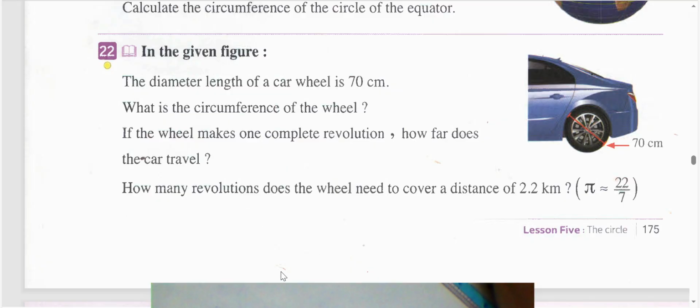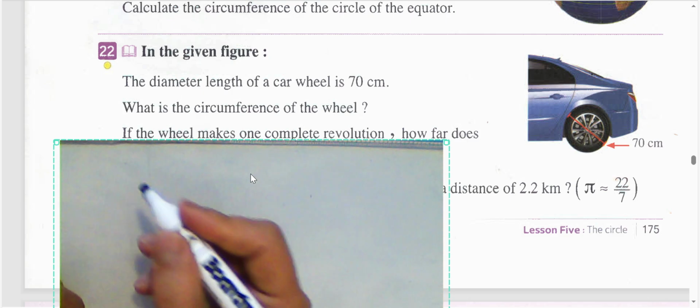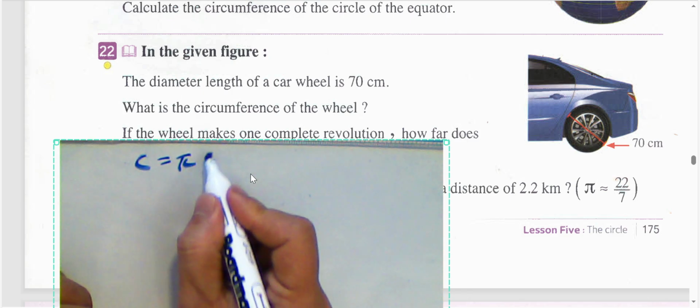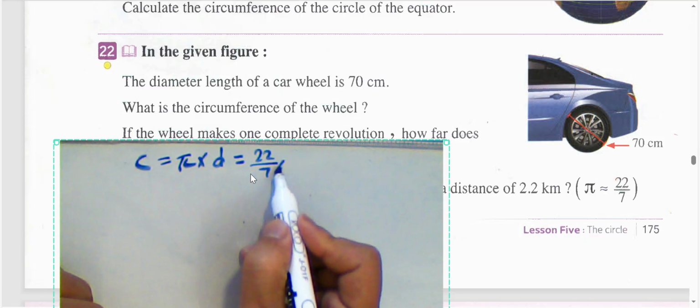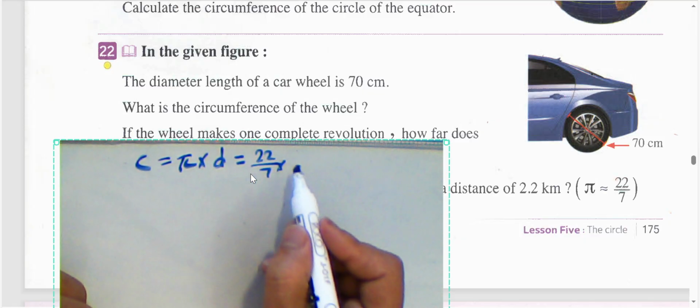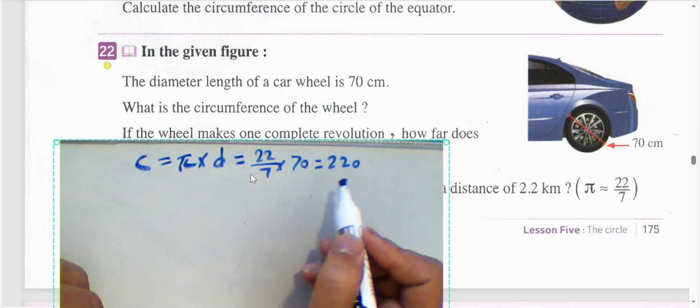Look at this question in the book. The diameter of a car wheel is 70 centimeter. The circumference of the wheel, we can find circumference by the rule pi product by diameter. Pi was 22/7 product by the diameter of the circle, 70. 70 divided by 7, 10. 10 times 22, 220.